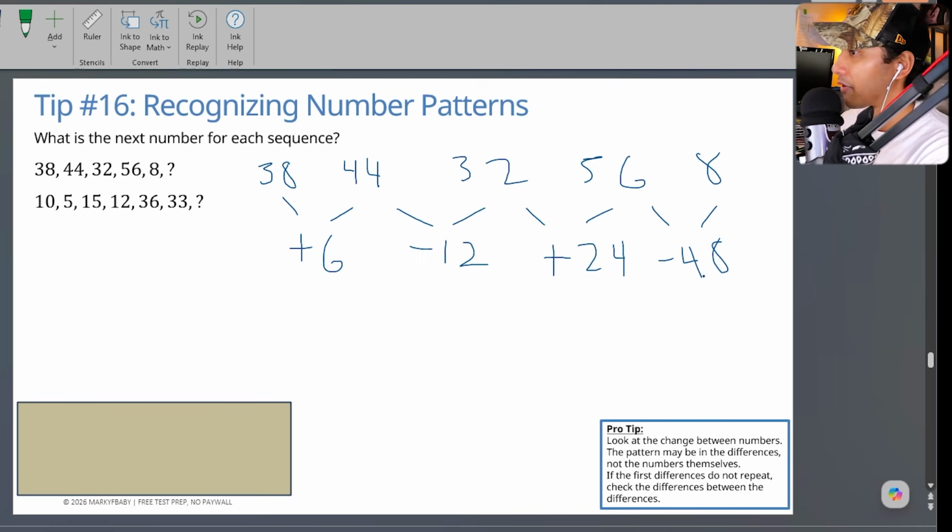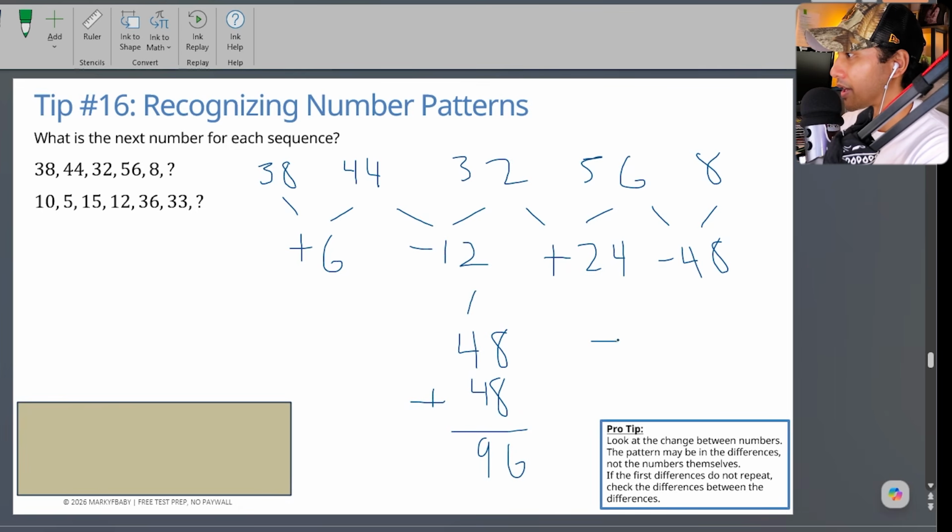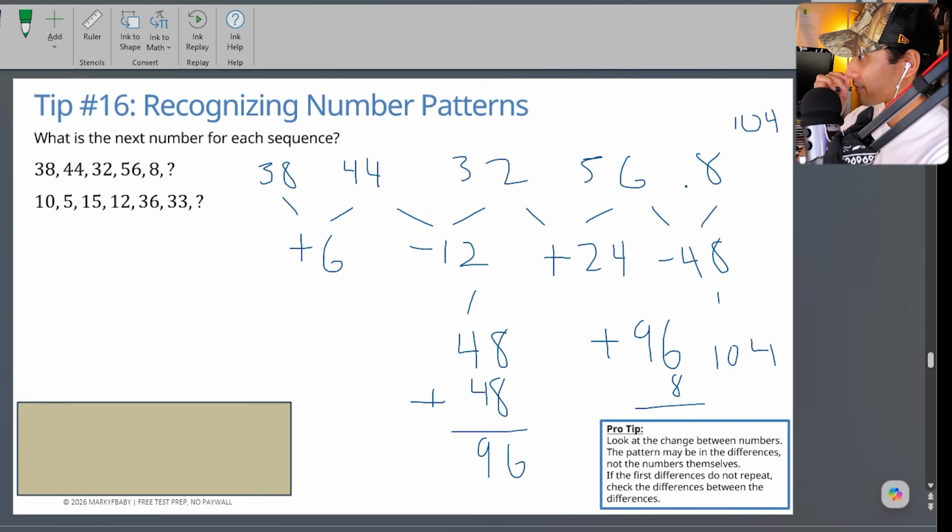Now, what is 48 plus 48? That equals 96. And the opposite operation is plus 96. And then 96 plus 8 equals 104. 104 would be the next number in the sequence.